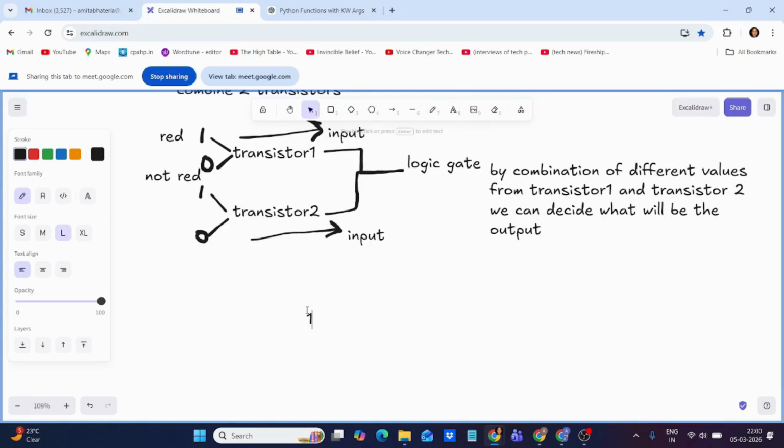If it is 1 and 1, what will be the output? The output will be 1 again, right? And if one of the inputs is 1 and the other input is 0, what will be the output?